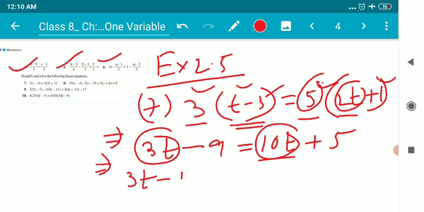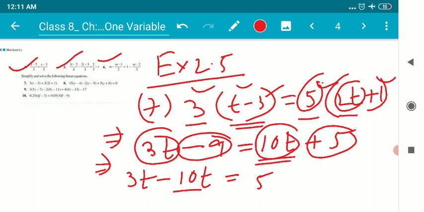It's going to be minus 10t, because as it was plus 10t, there is no sign in front of 10t, meaning plus. So the moment it is transposed, it will be minus. Equal to, this number is plus 5 which was already on the right hand side, so let it be as it is. This minus 9 will be transposed to the right hand side. It's going to be plus 9.